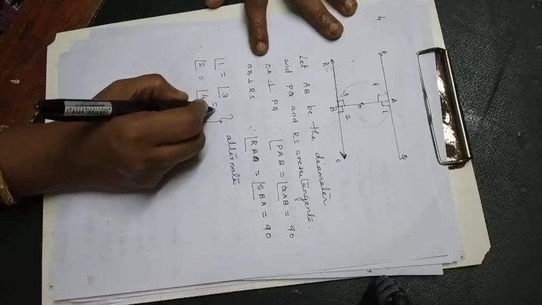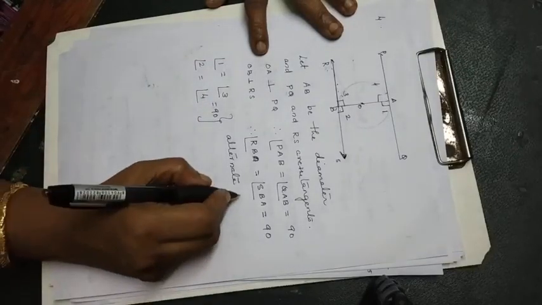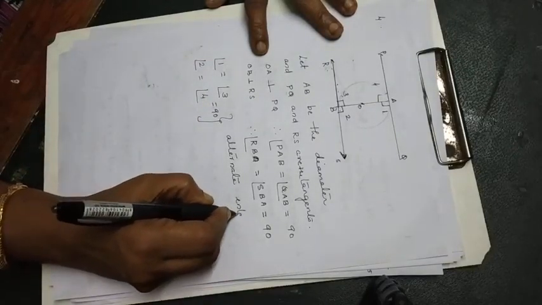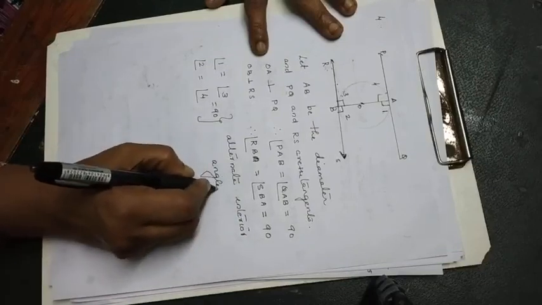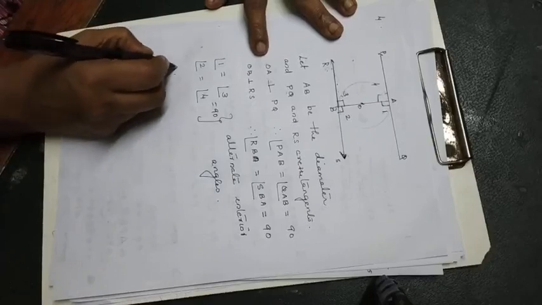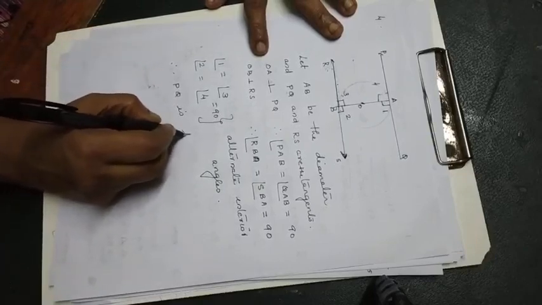All 4 are 90 degree, so equal to 90 degree. So alternate interior angle. Therefore PQ is parallel to RS.